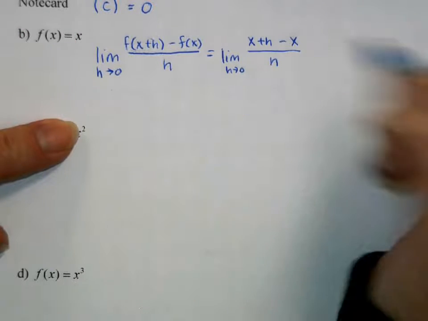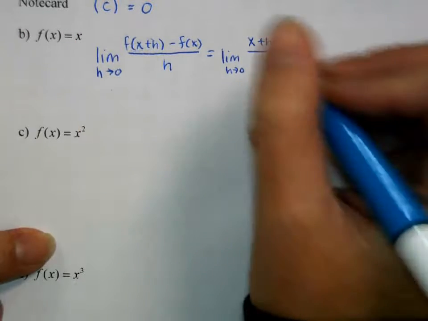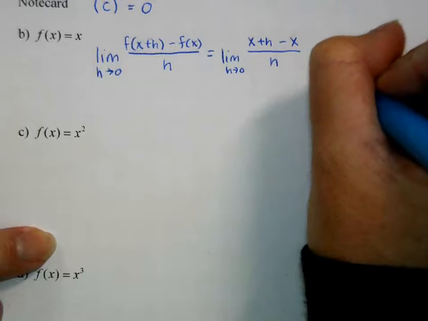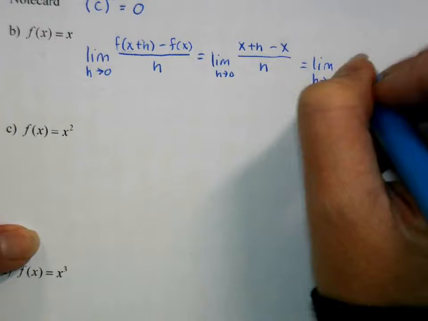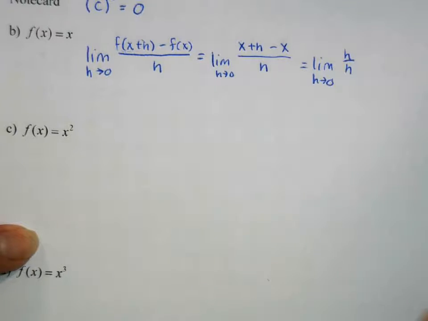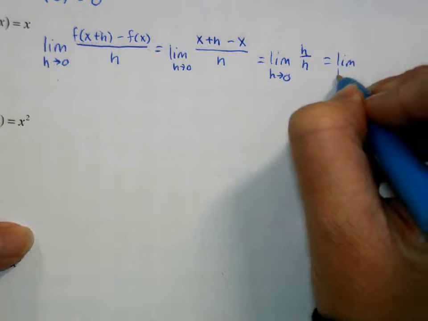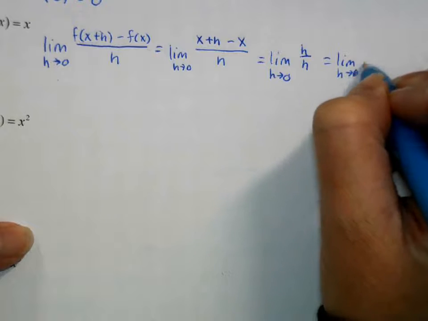Well, this ends up being the limit as h goes to 0. The x's cancel, so we have h over h. The limit as h goes to 0 of 1 is 1.